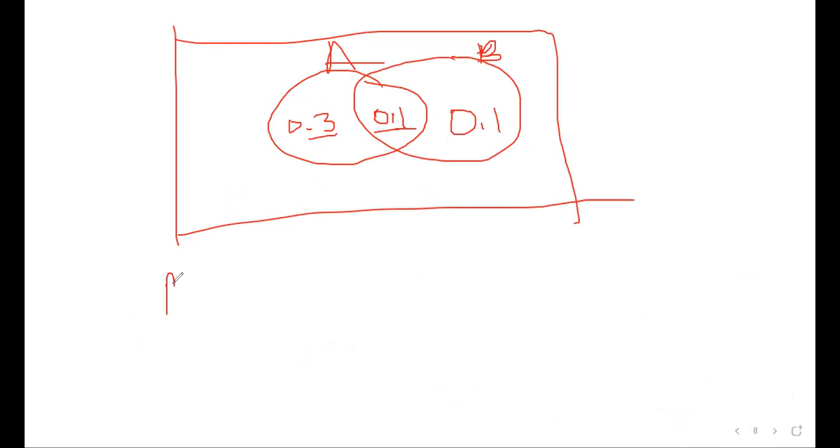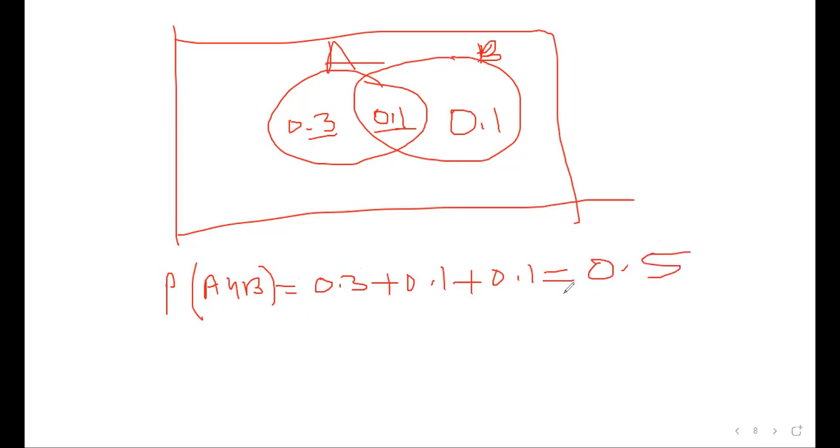So meaning that probability of A union B is equal to 0.3 plus the 0.1 plus the 0.1. So the answer will give us 0.5. This is the probability of that.